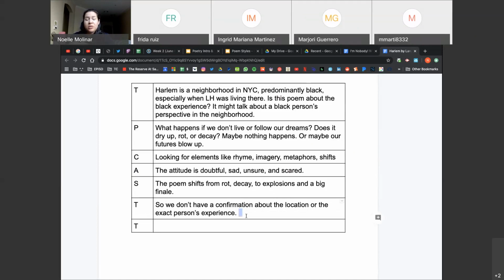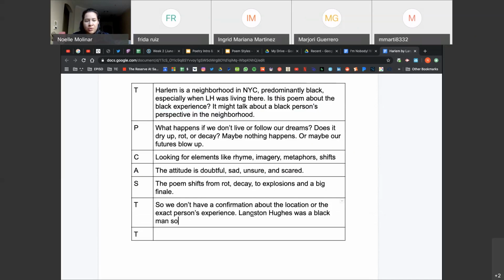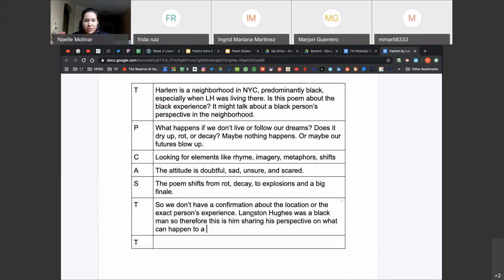He's a Black man, so he's talking from his own experience. So when I mentioned here, I was kind of right. So Langston Hughes was a Black man, so therefore this is him sharing his perspective on what can happen to a dream.